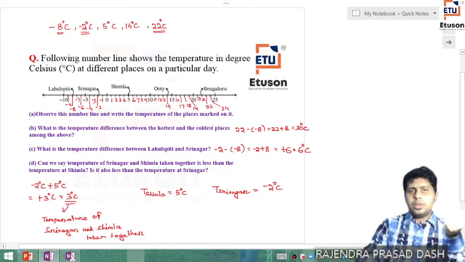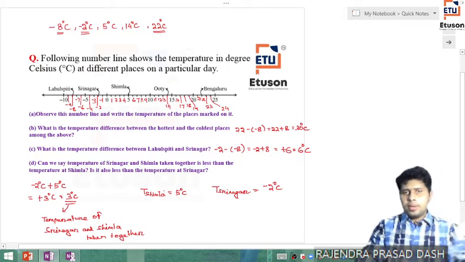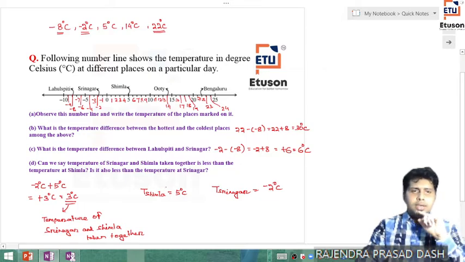Between positive and negative integers, the positive integer is always greater. After 3 come 2, 1, 0, then -1, then -2 on the left-hand side. So obviously -2 is less than 3 degrees Celsius.